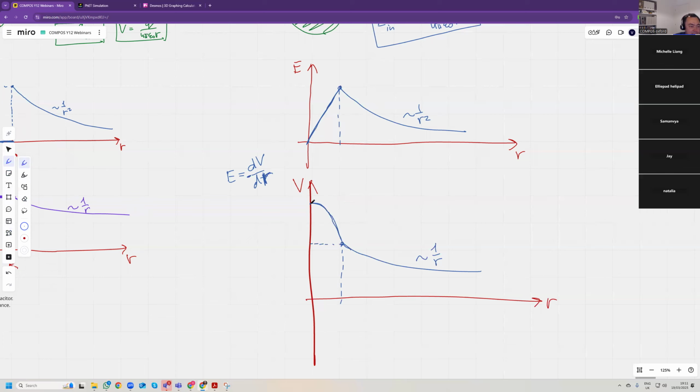Okay, that is the potential at the center.